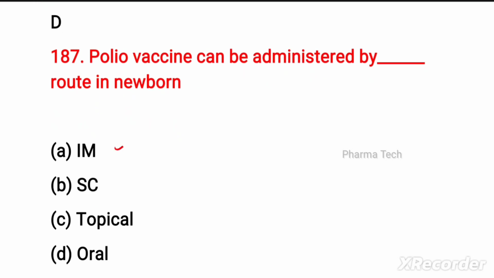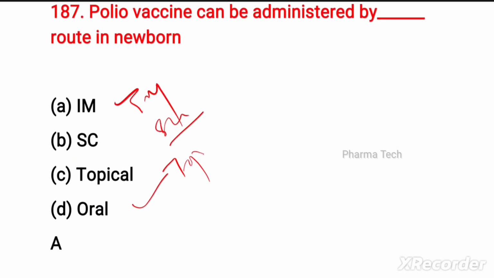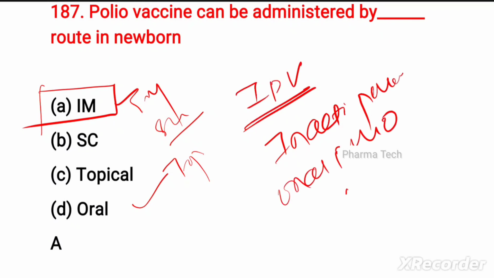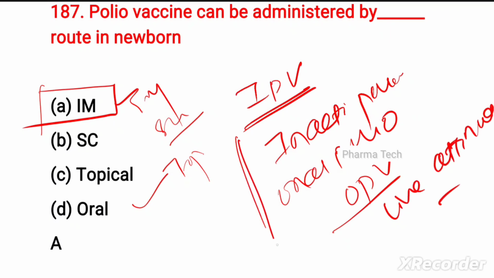Options are intramuscular, subcutaneous, topical, oral. Answer is A, intramuscular. It is also called IPV, inactivated polio vaccine, and oral polio vaccine is OPV, live attenuated vaccine. Most important question, IPV, OPV.